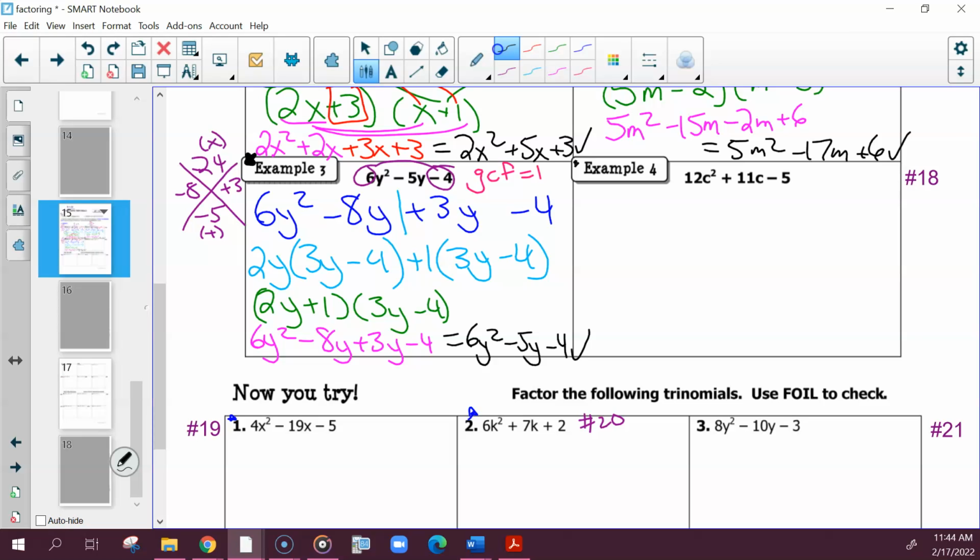We're going to do one more together, then I'm going to let you practice some. Example 4. Do we have a GCF? 1. Right, because our GCF is 1, multiply 12 and negative 5. So we're looking for two numbers that multiply to be negative 60, but add to be 11. Be careful here, there's a lot of factors of 60.